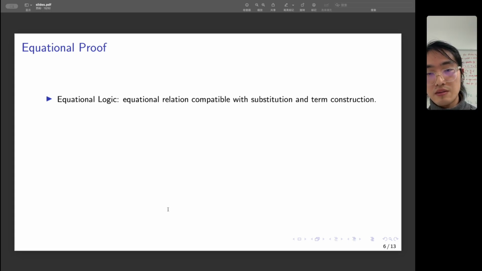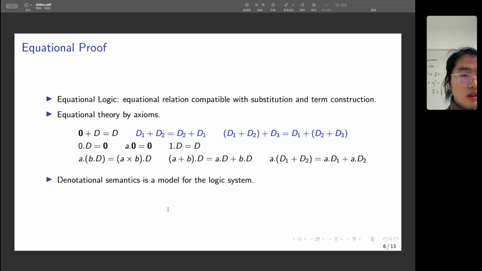And the substitution and construction are the elements of the language in universal algebra. And this is essentially the formalization of the common sense of equivalence in algebra. And we have more axioms besides this in this logic to describe the behavior of the language.